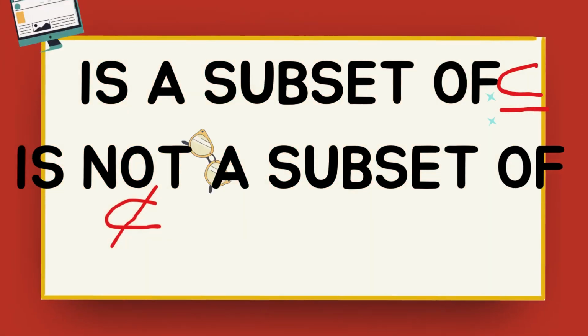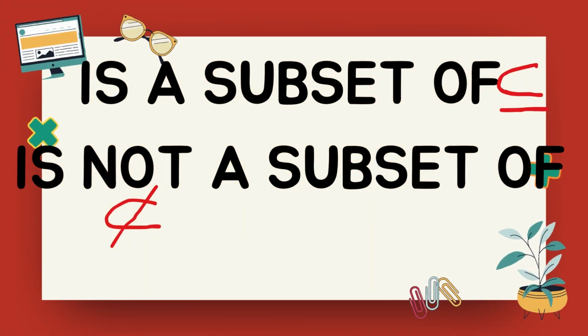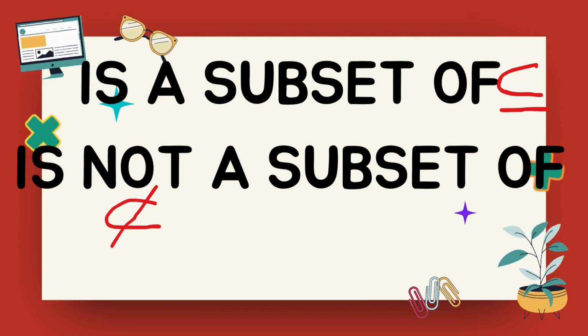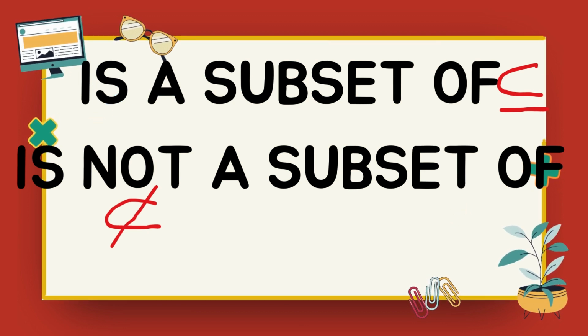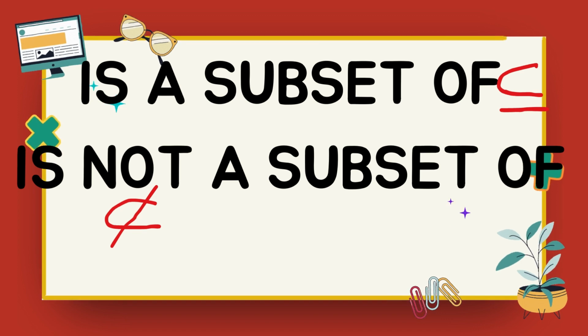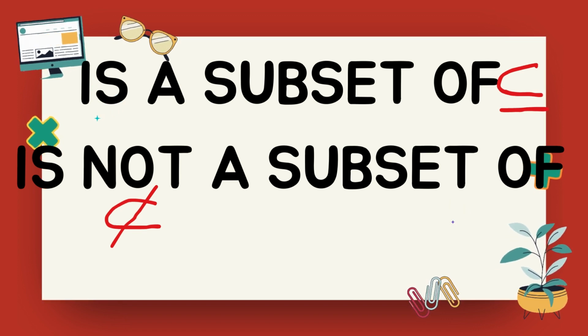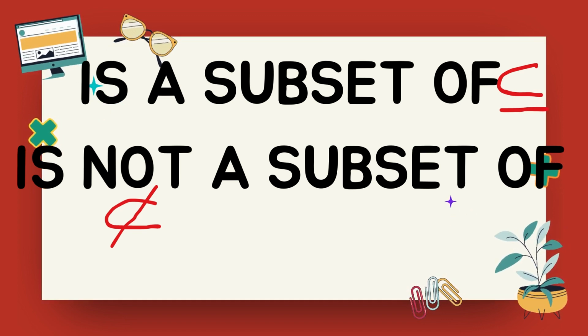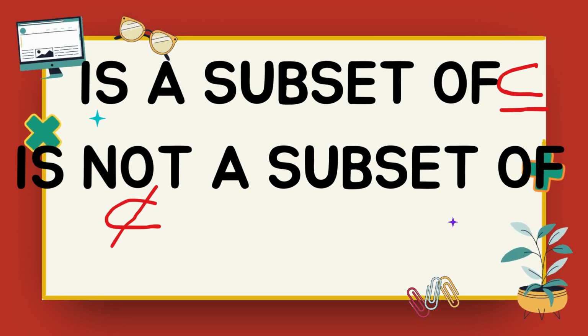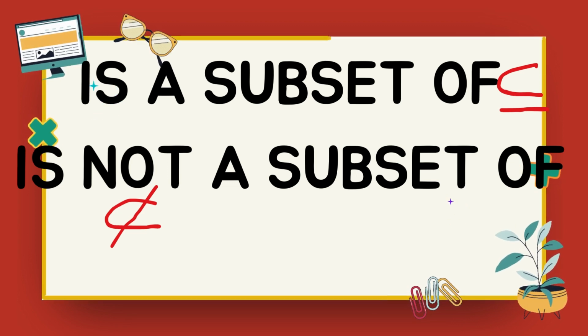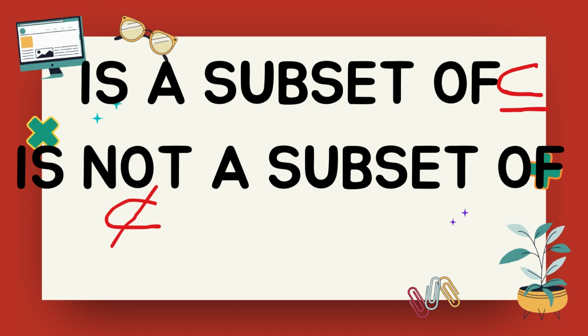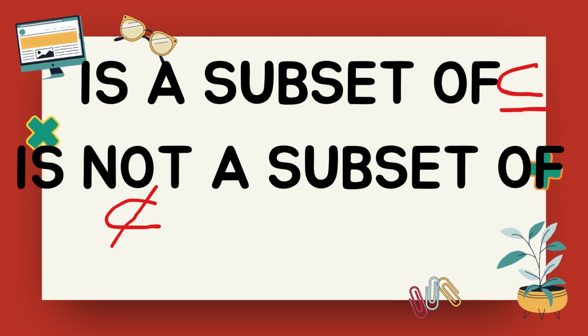And we have the symbols to represent. At the top, we have the symbol that represents is a subset of, and at the bottom is a symbol is not a subset of. Hope you have a better understanding of these different types of sets.